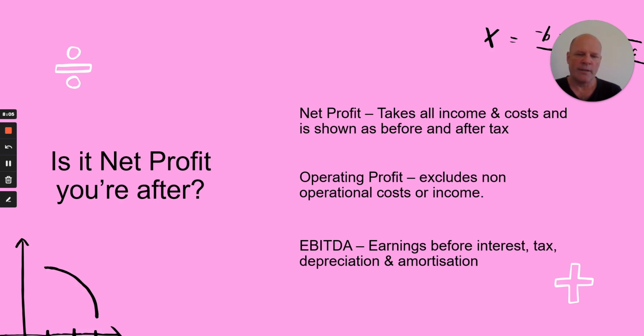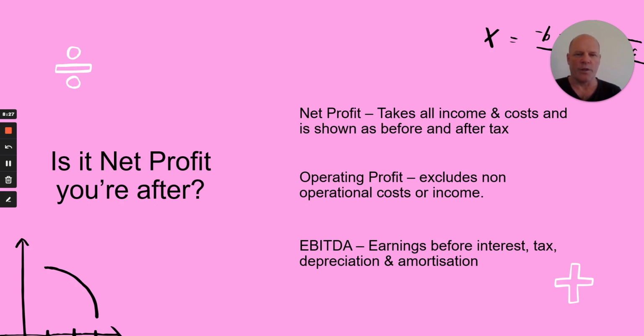What is the bottom line? It's what you want to see. So it's the management accounts for you to make operational decisions based on those accounts that you're receiving. You're not getting management accounts to show you what your tax liability is every month. You're getting management accounts to help you make management decisions on the operations of your business.